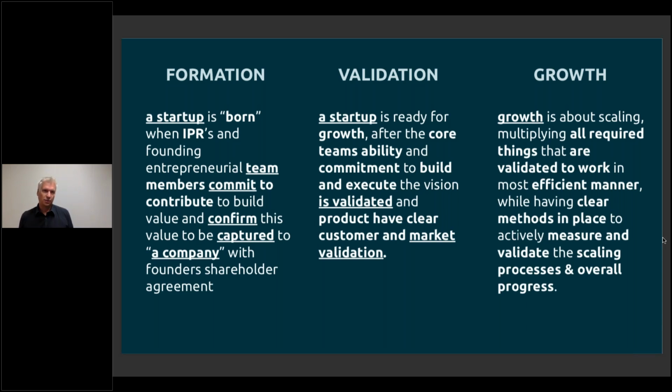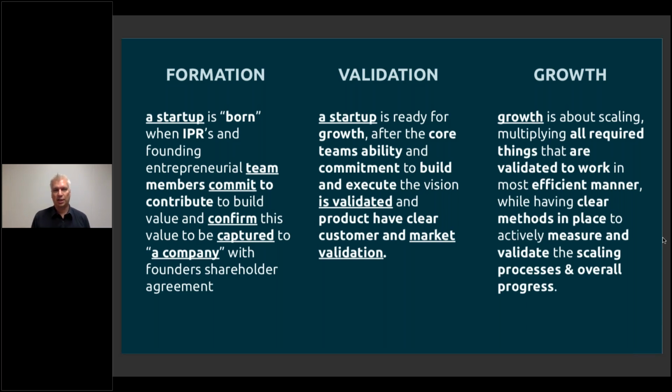So a startup is born when the IPRs and the founding entrepreneurial team members commit to contribute to build the value and confirm this value to be captured in a company with the founders' shareholder agreement. So there is some document, typically a shareholders agreement, that defines what the IPRs are, what the company owns that the founders contribute, who the team members are, like who are the actual names, how many shares they own, what the ownership percentage is.